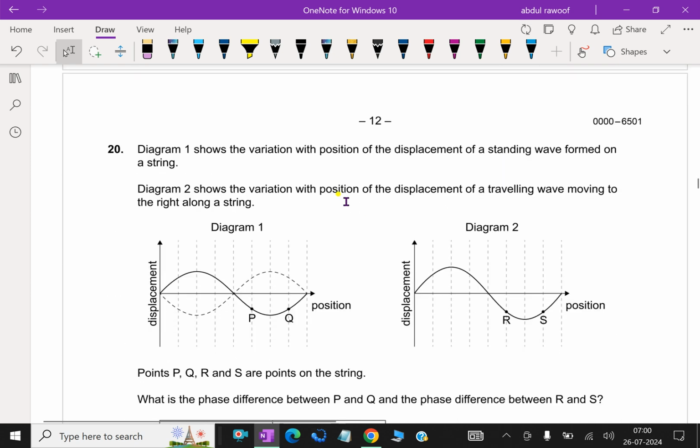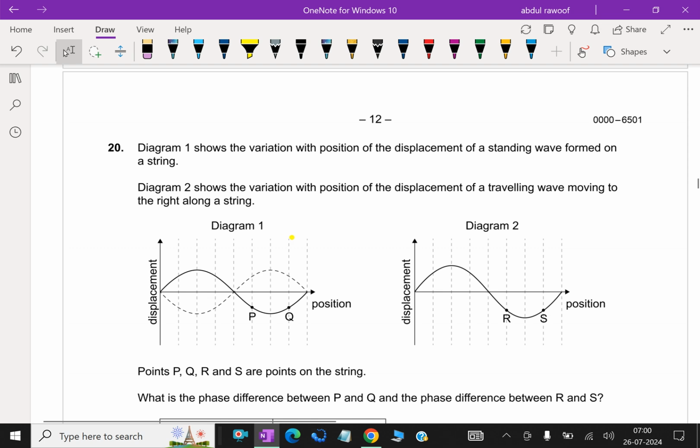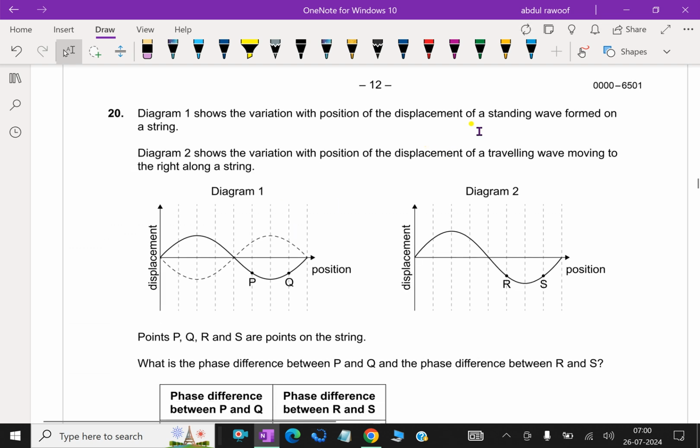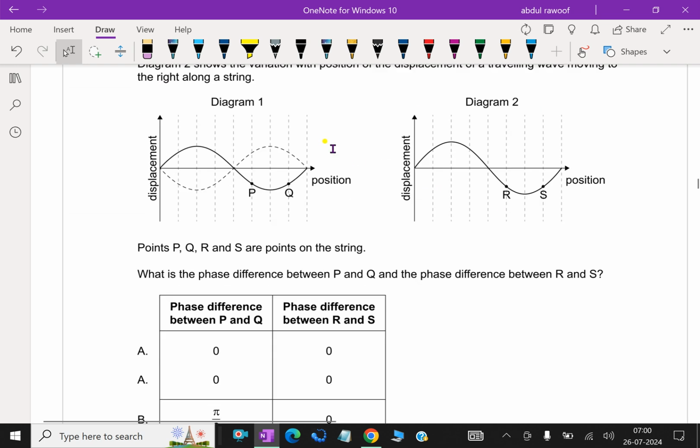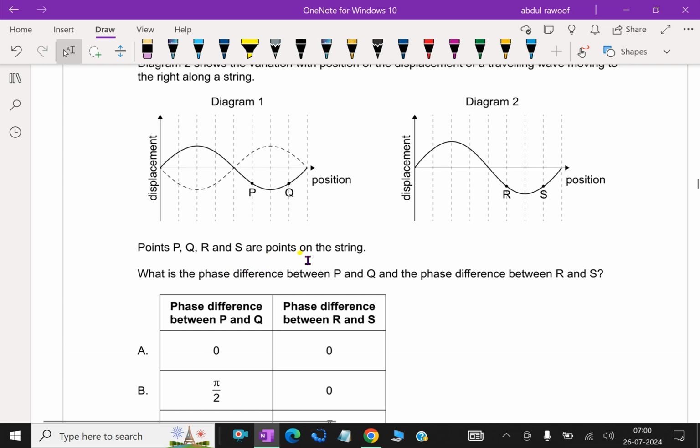Next question. Diagram 1 shows the variation with position of the displacement of a standing wave formed on a string. Diagram 2 shows the variation with position of the displacement of a traveling wave. The first one is a standing wave, the second one is a traveling wave. Points P, Q, R, S are points on the string. What is the phase difference of P and Q and the phase difference of R and S?